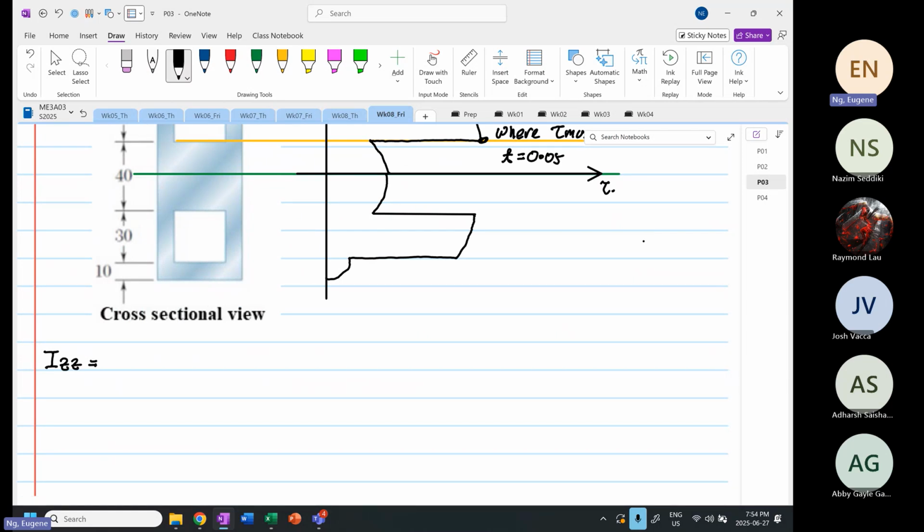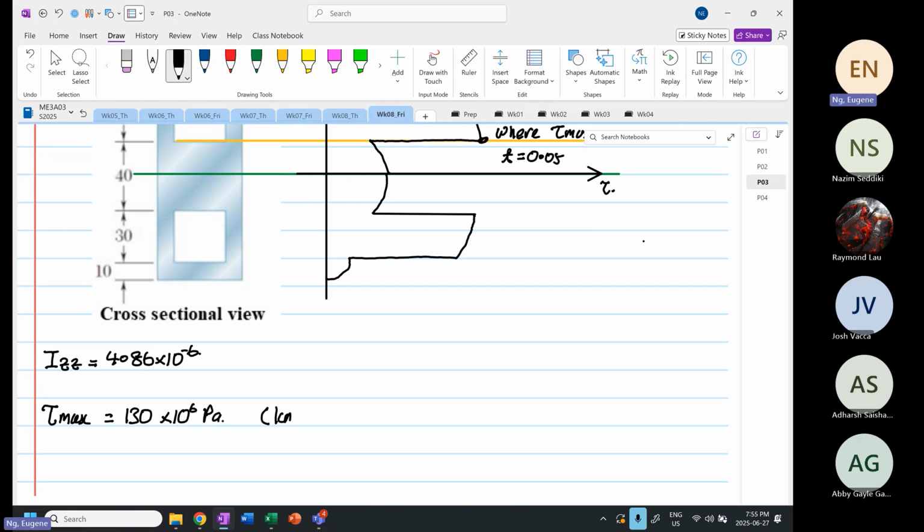IZZ is given, in fact you have to calculate it, but I don't want to waste time calculating it. It's 4.86 times 10 to the power minus 6. Given the question, tau max will be equal to 130 times 10 to the power 6 Pascal.